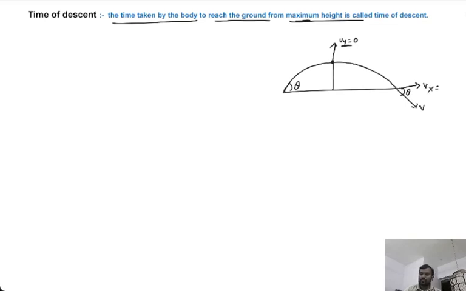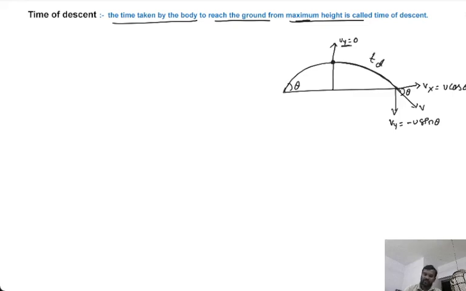Vx is equal to u cos theta, and at the ground Vy is equal to minus u sin theta. Time of descent means the time from maximum height until it reaches the ground.